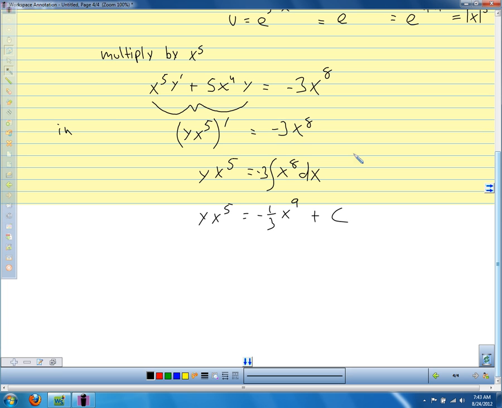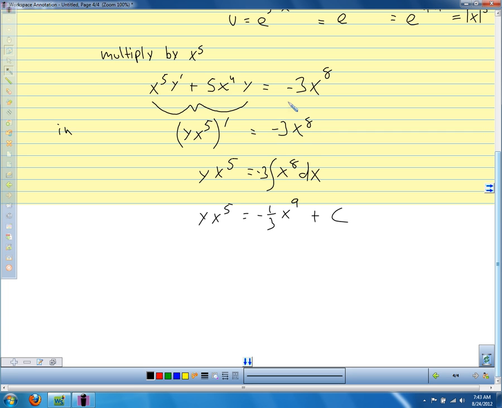But what I said was when I multiply through here by x to the 5th, if x is positive, nothing changes. But if x is negative, that would change the sign of everything. I would end up with a minus sign here, a minus sign here, and a plus sign there. So it changes the sign of everything, and that's the same as what we started.